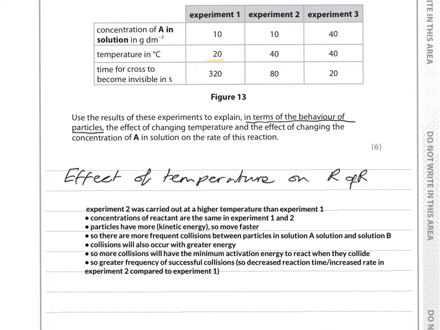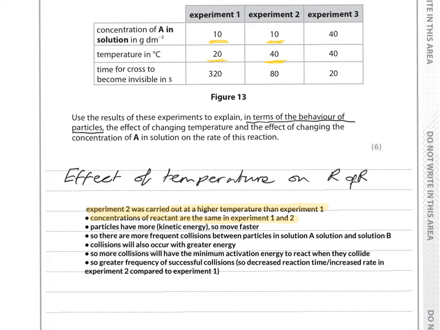We have doubled the temperature of the reaction, but the concentration has stayed the same. So if we're studying the effect of temperature on rate of reaction, we need to say that experiment 2 was carried out at twice the temperature, but the concentration was kept the same.